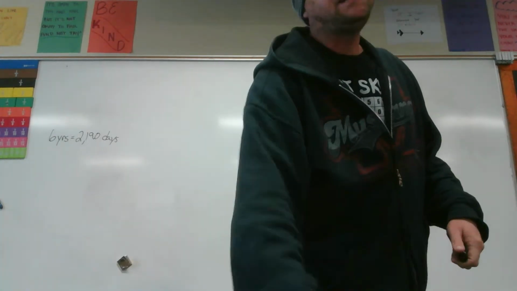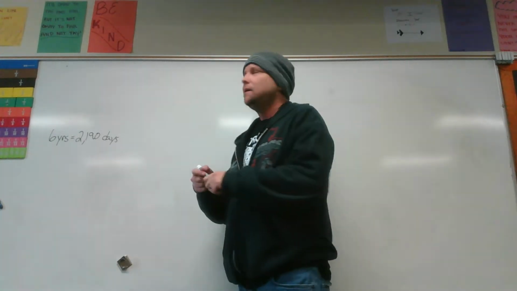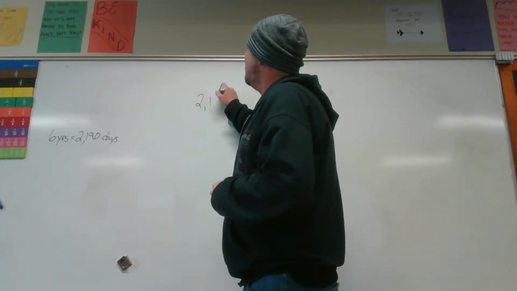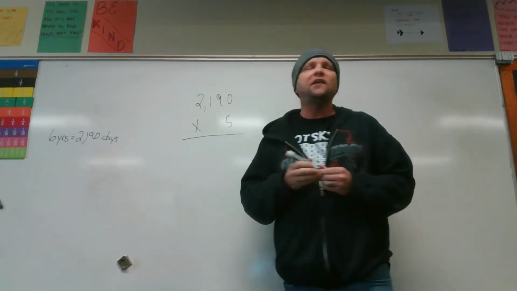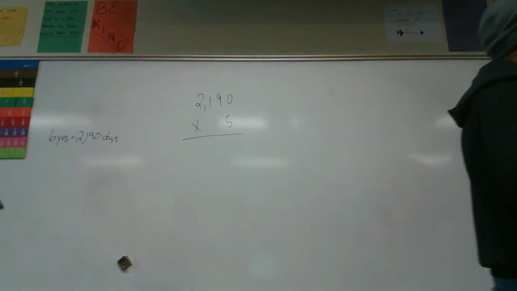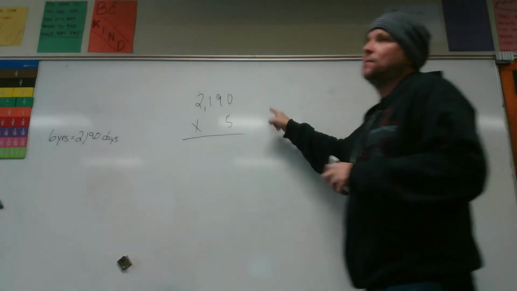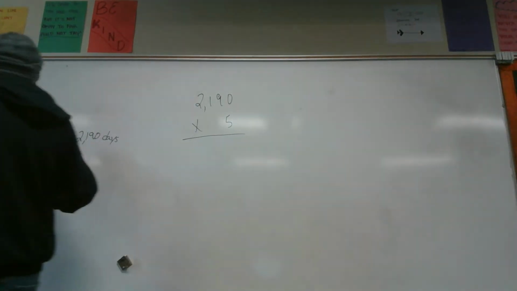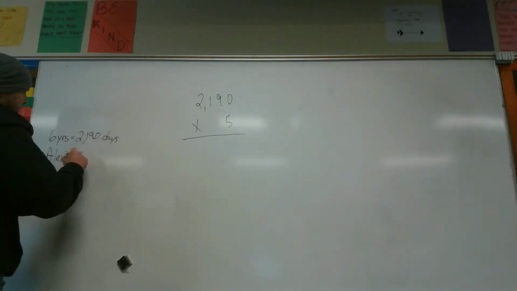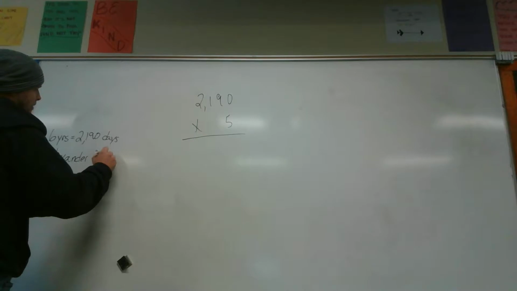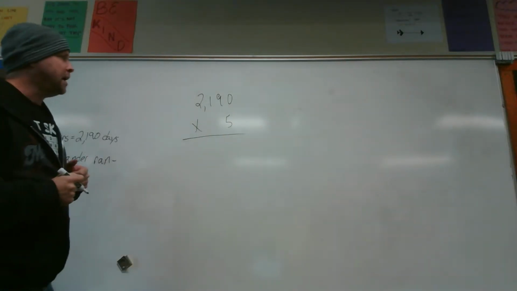Now it says, so now he ran 5 miles every day. So now I know how many days he ran. He ran 2,190 days. And each of those days, he ran 5 miles. So this is going to tell me how many miles he ran. So I'm going to figure out how many miles Alexander ran.